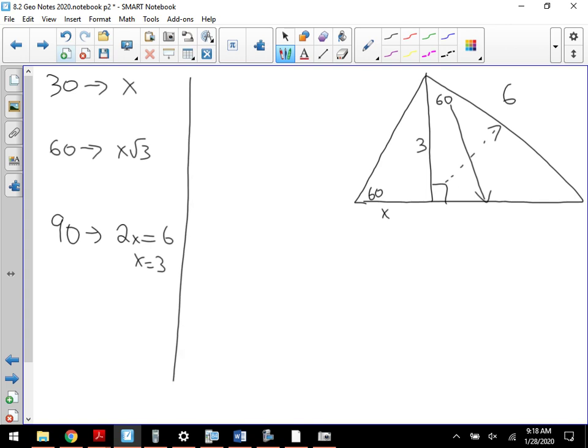So now we're in our second triangle. So I'm going to switch my color here. So we have a 30, 60, 90 again. Across from which angle do you know now in that second triangle? 60. So that 60 is something times the square root of 3 has to equal 3. Okay? So you've divided both sides by the square root of 3. I got square root of 3.